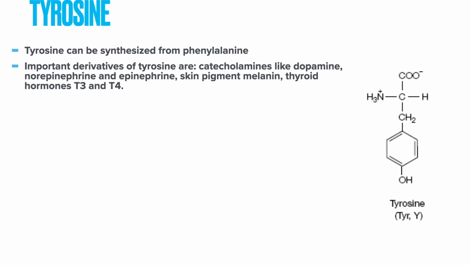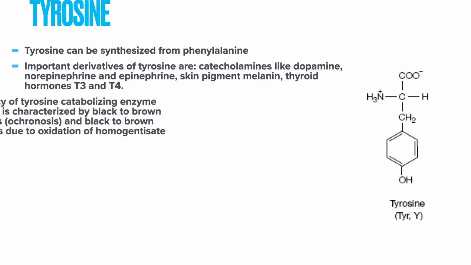Tyrosine can give rise to special products like catecholamines. We have three catecholamines: dopamine, norepinephrine, epinephrine. Not only that, tyrosine is converted into melanin in melanocytes. Tyrosine is diverted into melanin synthesis in the skin cells called melanocytes.